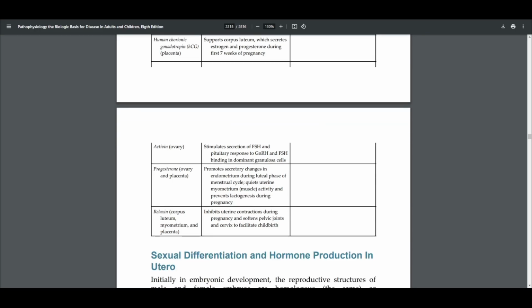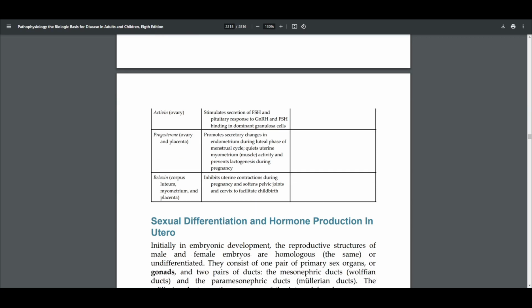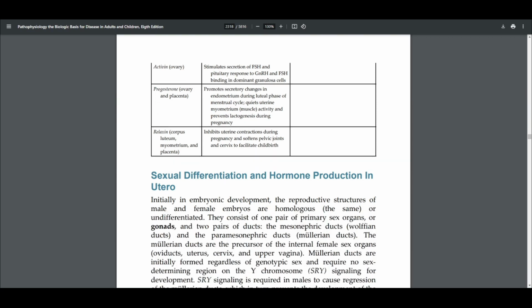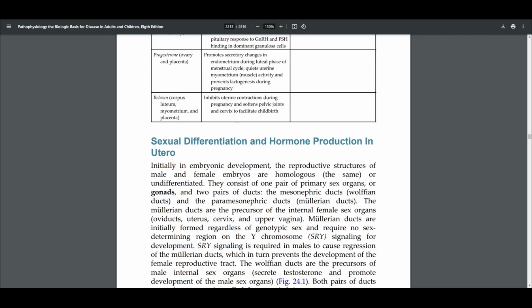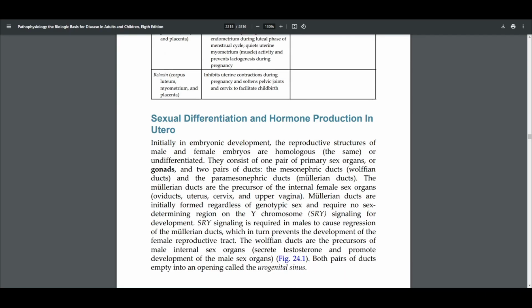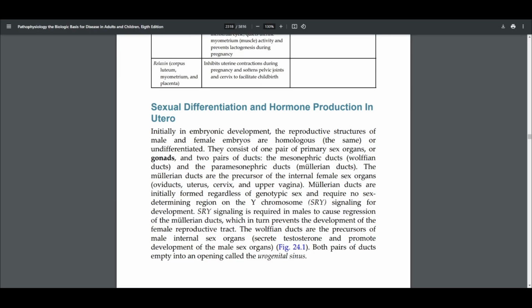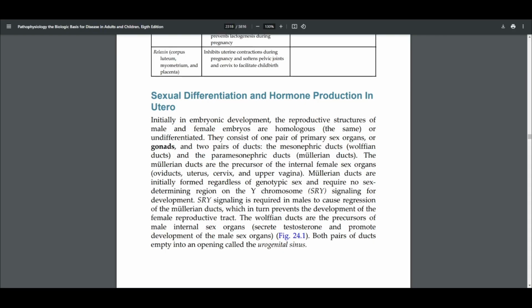Sexual differentiation and hormone production in utero. Initially, in embryonic development, the reproductive structures of male and female embryos are homologous, or the same, or undifferentiated. They consist of one pair of primary sex organs, or gonads, and 2 pairs of ducts, the mesonephric ducts and the paramesonephric ducts.